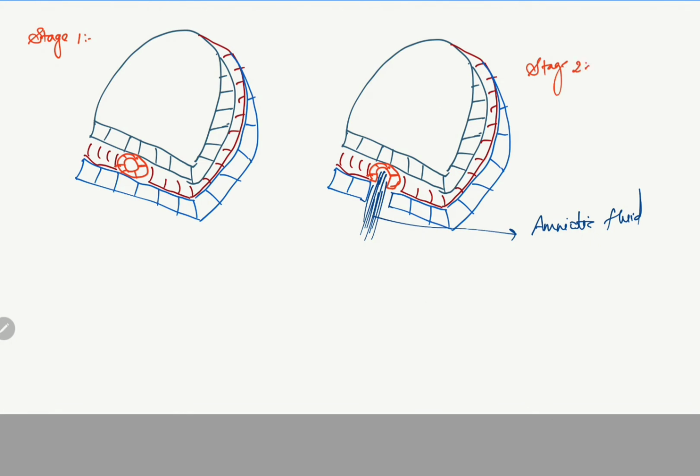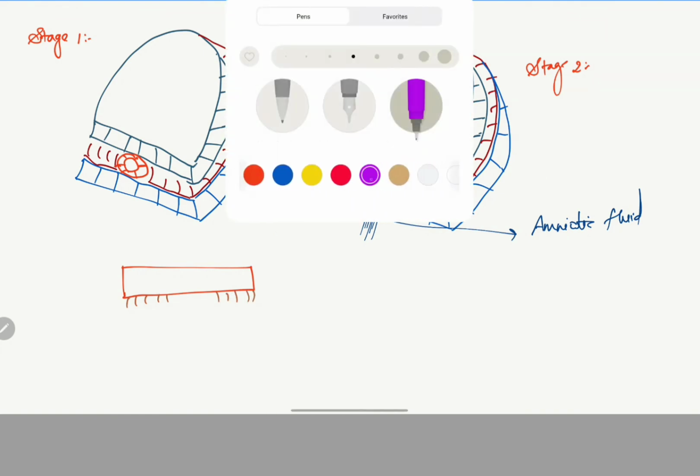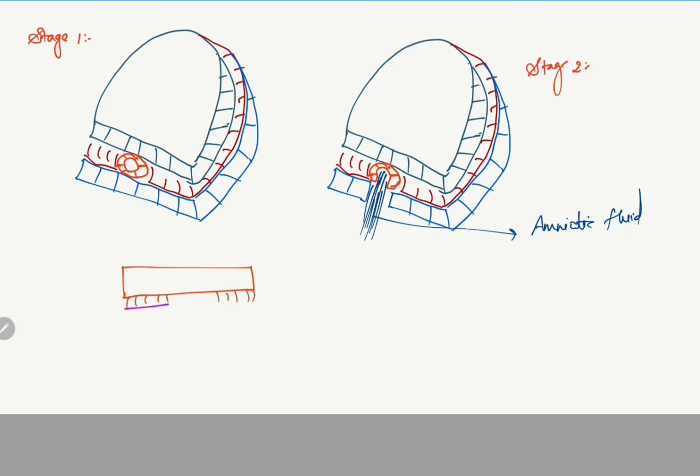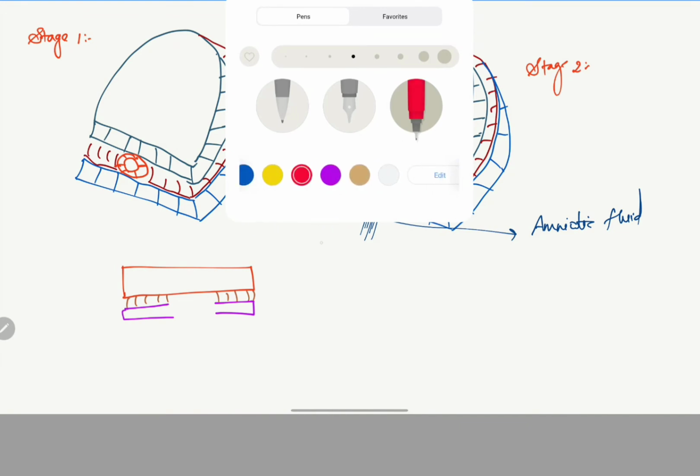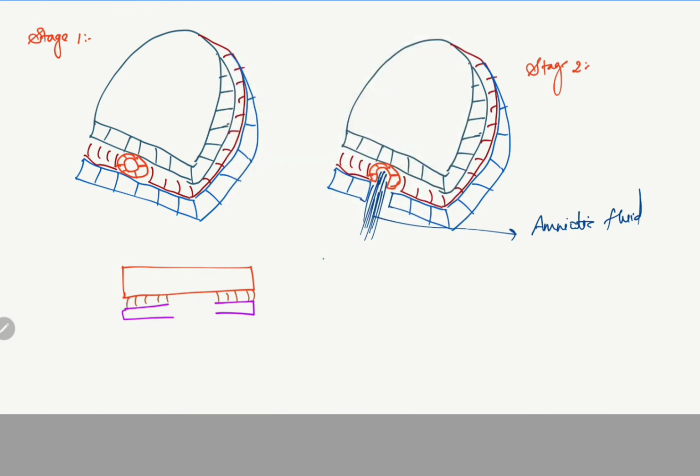Then what happens during stage 3? So this is the ectoderm. This is the mesoderm. And this is the endoderm. So what happens during stage 3?